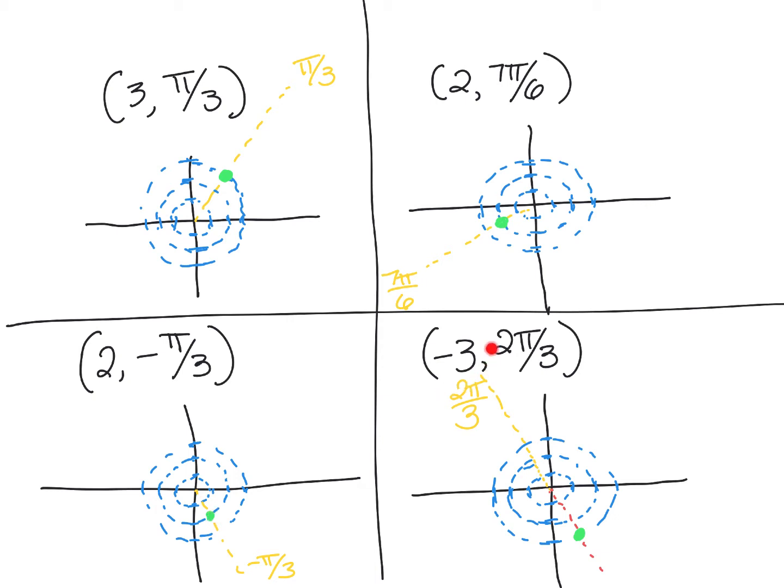You can also have a negative radius. So I'm going to rotate to 2 pi over 3, and then along that radial line, I'm going to go backwards 3 units. So you see this point is the same as minus pi over 3 with r positive, right?